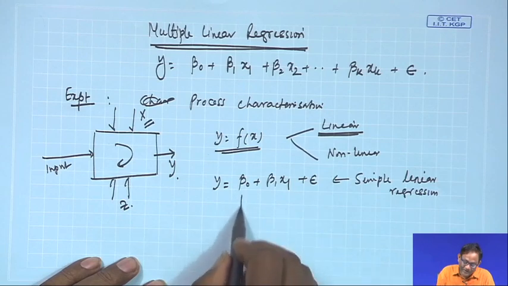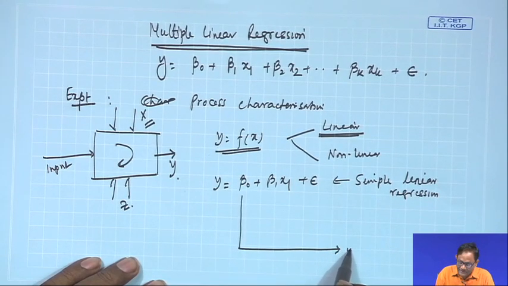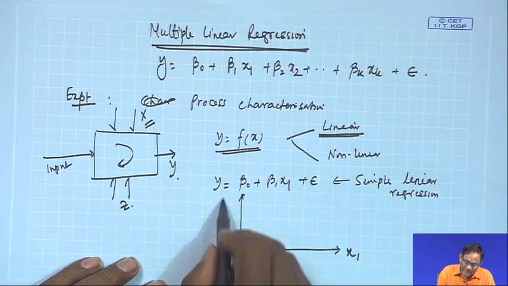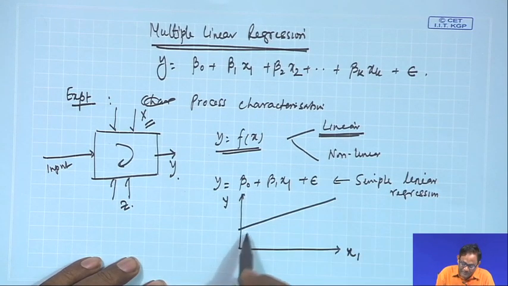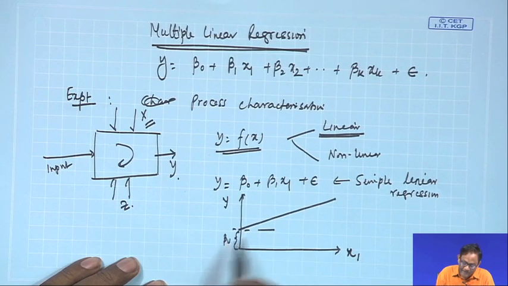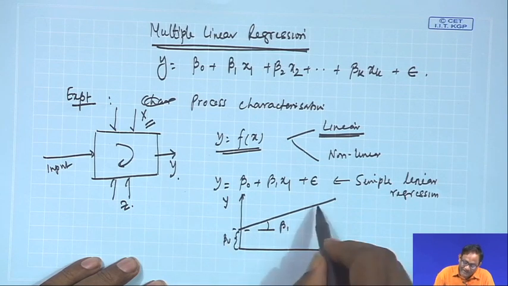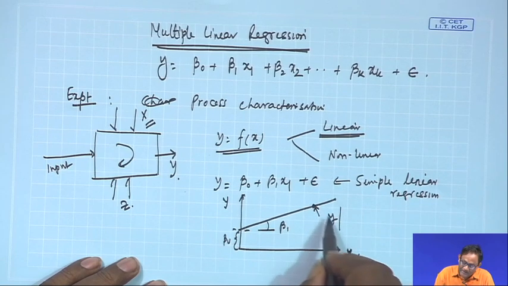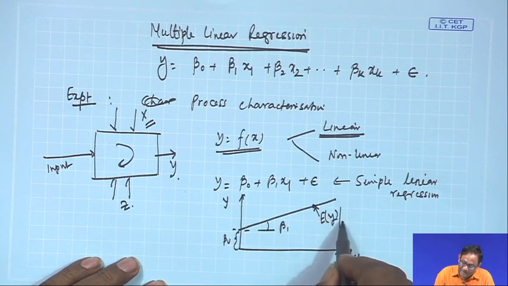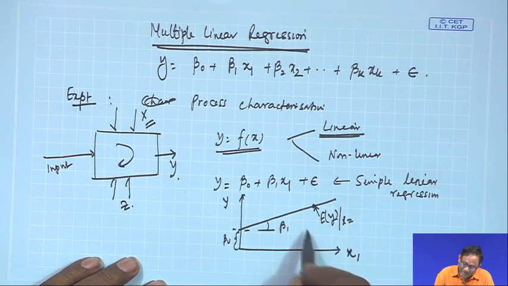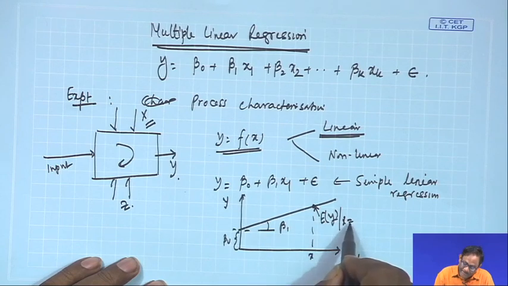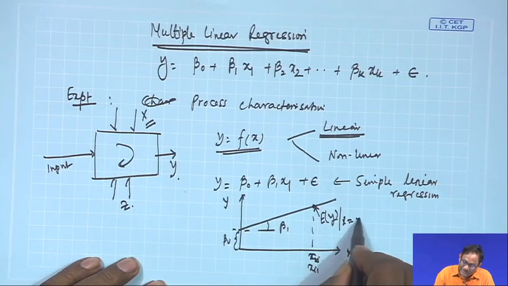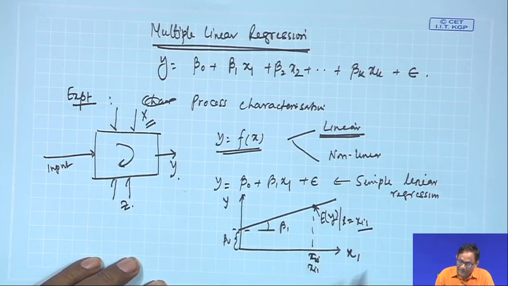It will be a regression line like this: this side is x 1, this side is y, this will be your beta 0, and the slope represents beta 1. Any point on this line is the expected value of y given x equal to x i 1, where i is the ith observation of the x 1 variable.